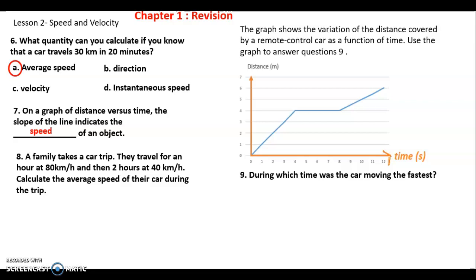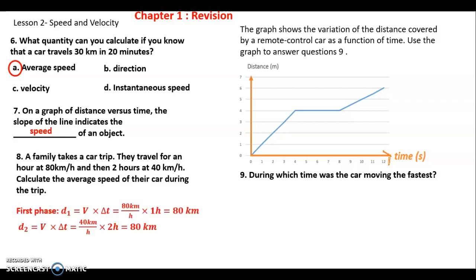We know that the average speed is equal to total distance over total time. So here we have two phases. Let's find the distance covered by the car during the first phase, which is d1 equal v times delta t, 80 kilometers per hour times 1 hour equals 80 kilometers. Here we are given that the car keeps moving at 80 kilometers per hour for an hour, so this means that the car moves at a constant speed.